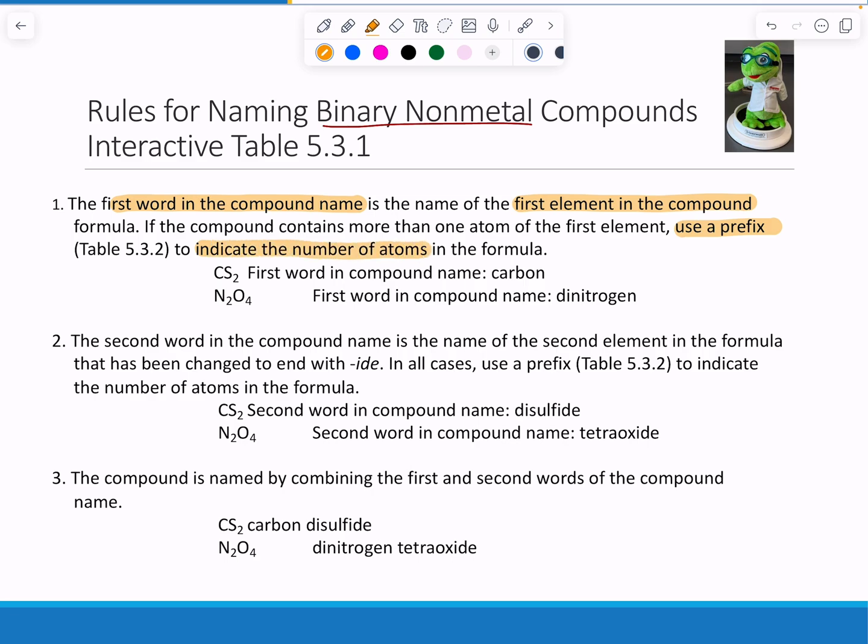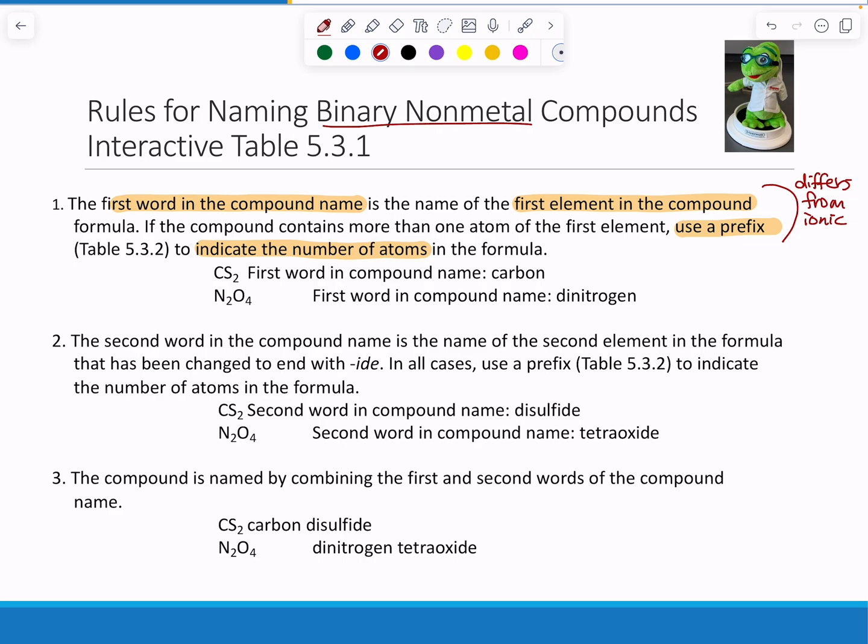So this is where we differ from ionic compounds. In ionic compounds, you do not use number prefixes for anything because we're supposed to be able to figure out the number of those atoms based on the charges of the ions.